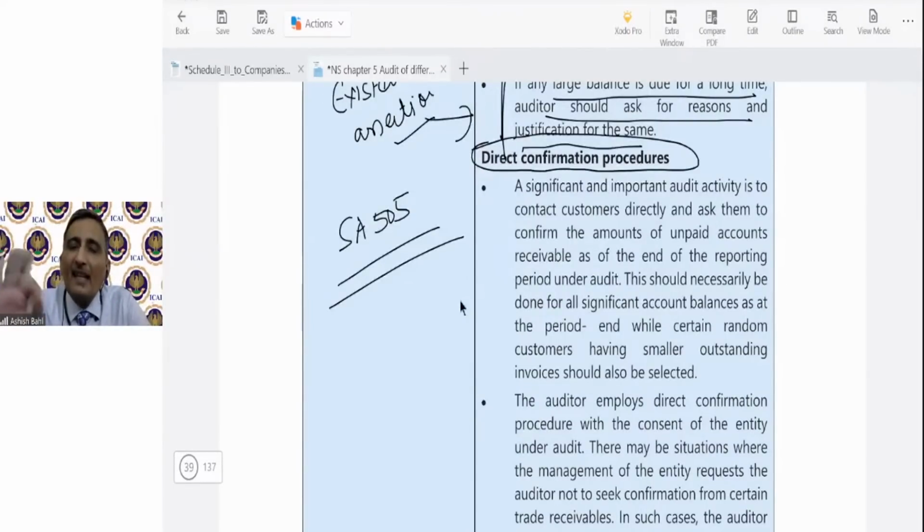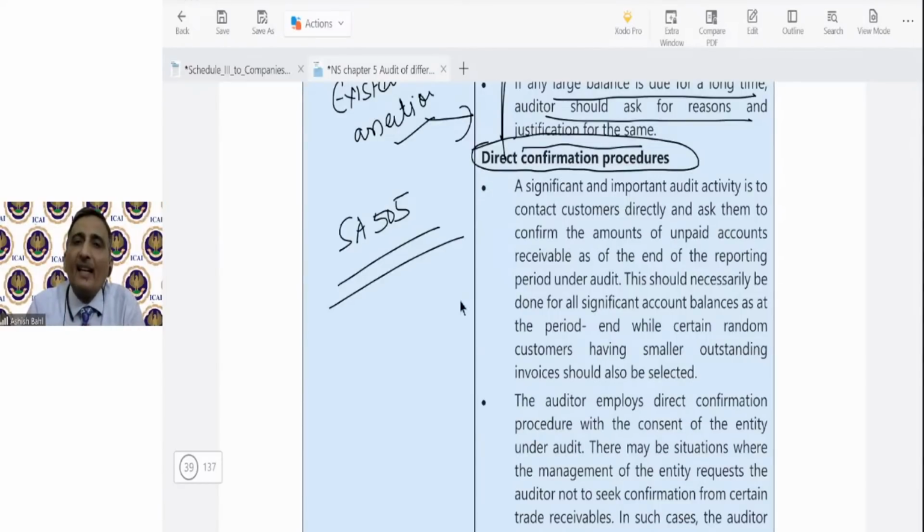So these are finer distinctions which you have to make in your mind. Accuracy is used in the context of transactions. Here we are talking about account balances. So four assertions were there in respect of account balances. One is existence, second was completeness, third was rights and obligations, and fourth is valuation.